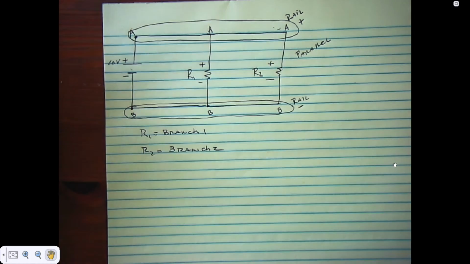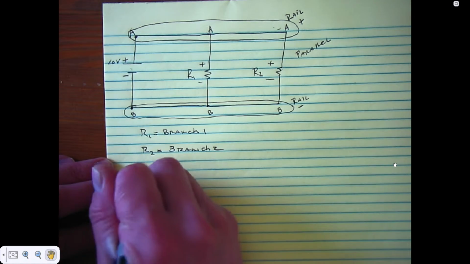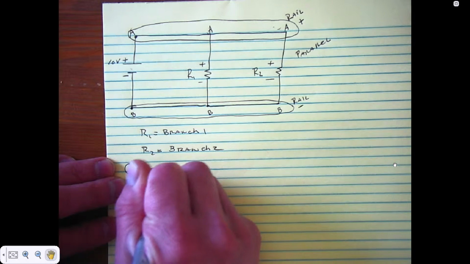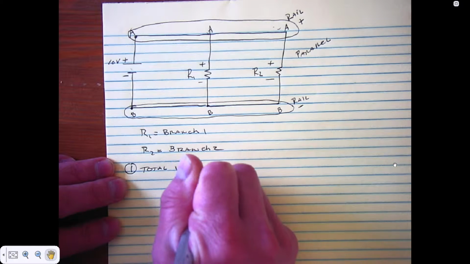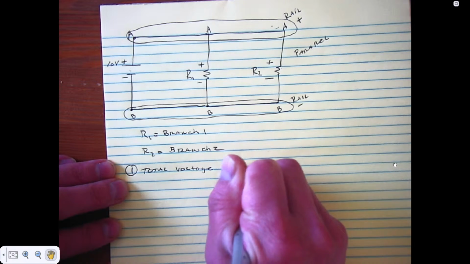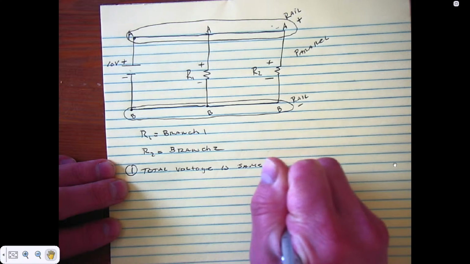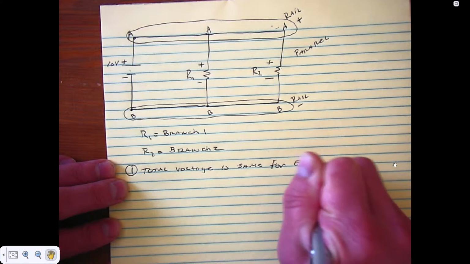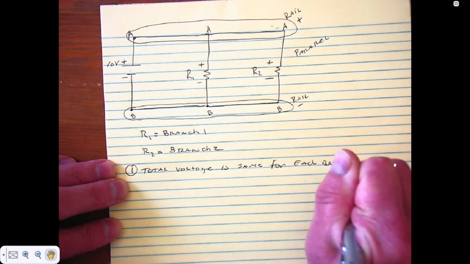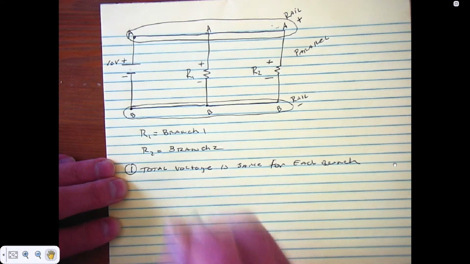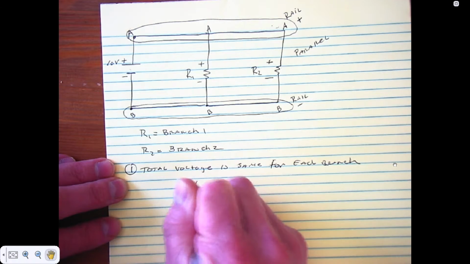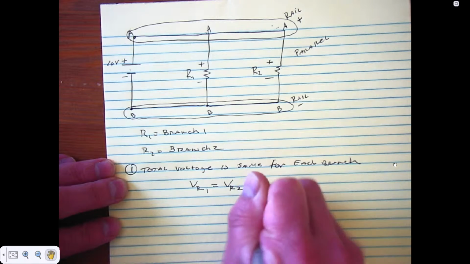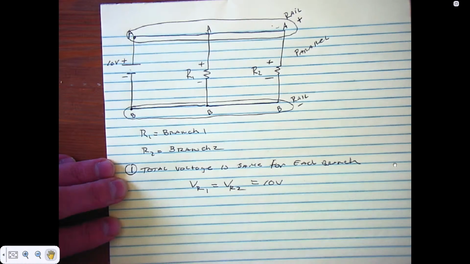So a couple of facts behind a parallel circuit. Number one, the total voltage is the same for each branch. That means that VR1 is equal to VR2, which is going to be equal to 10 volts.